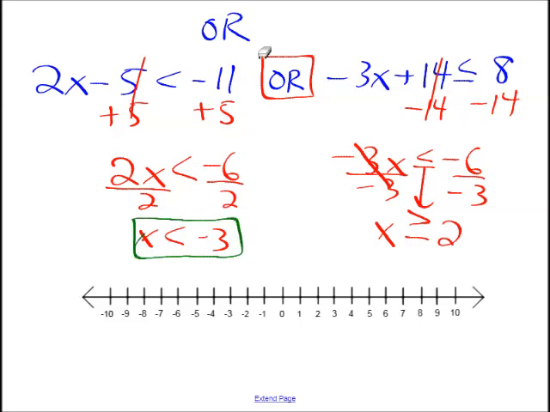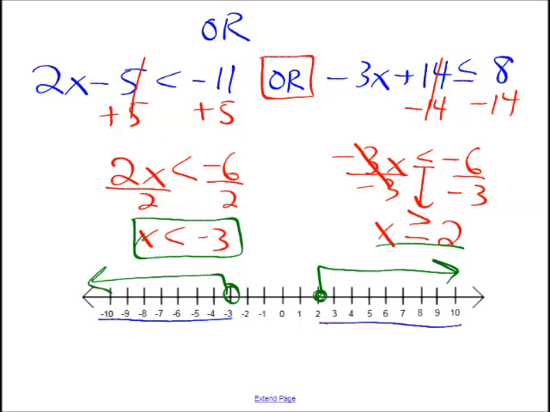For this first inequality, we put an open circle at negative 3 and we shade to the left. We only want numbers less than negative 3. For this one, we put a closed circle at 2 and shade to the right. We're only interested in numbers greater than or equal to 2. So our final answer for this compound inequality is both numbers less than negative 3, but also numbers greater than or equal to positive 2.